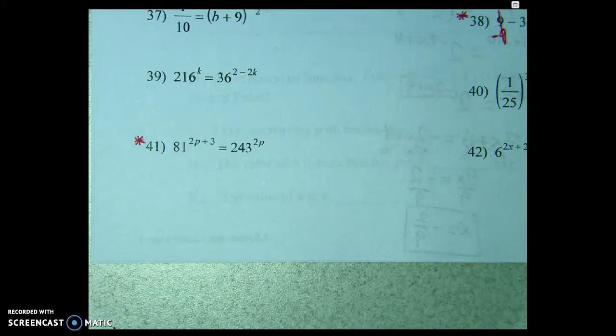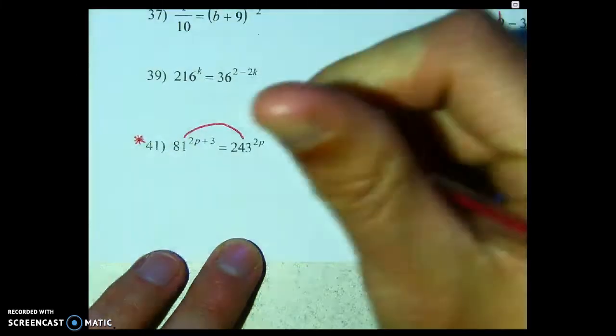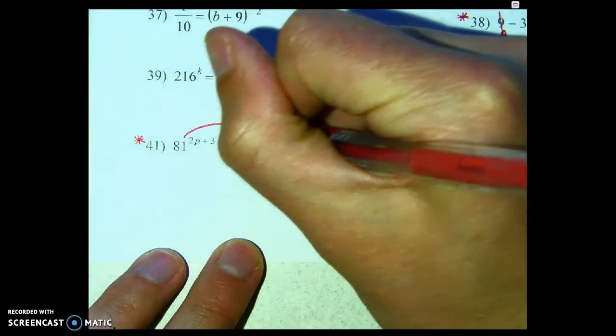Well, yes. After thinking about this for quite a while, you would hopefully realize that 81 is actually 3 to the power of 4, okay? And 243 is, maybe you saw this already, but if we take 81 and multiply it by 3, we actually get 243, don't we? See that?